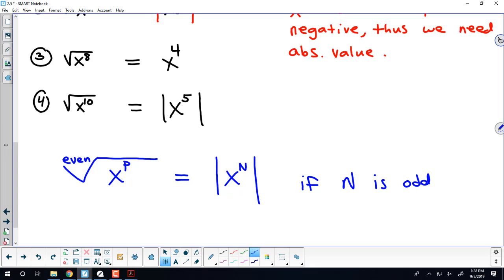If we're dealing with cube roots, we don't have to worry about that, right? Because cube roots, or odd roots rather, can be positive and negative. It's only the even roots that have to be positive. Well, just for simplicity, we should say P is an integer.